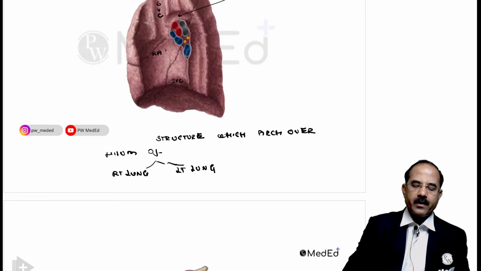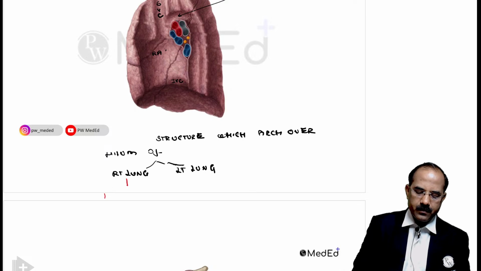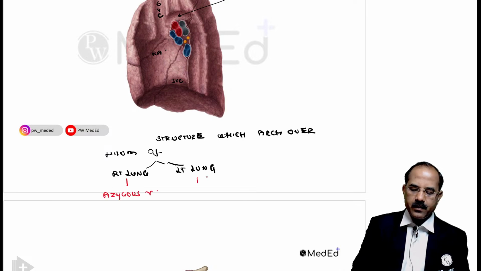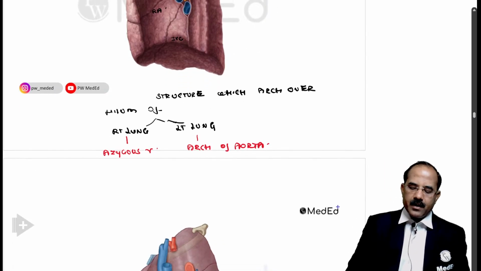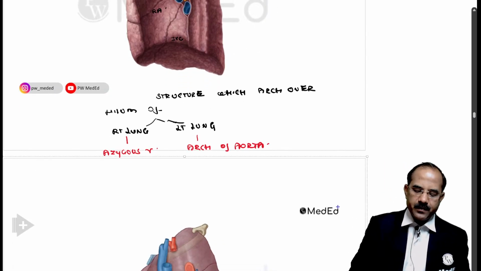On the hilum of the right lung, what is that? Azygous vein. Left lung is arch of aorta. Okay. That's one more MCQ.